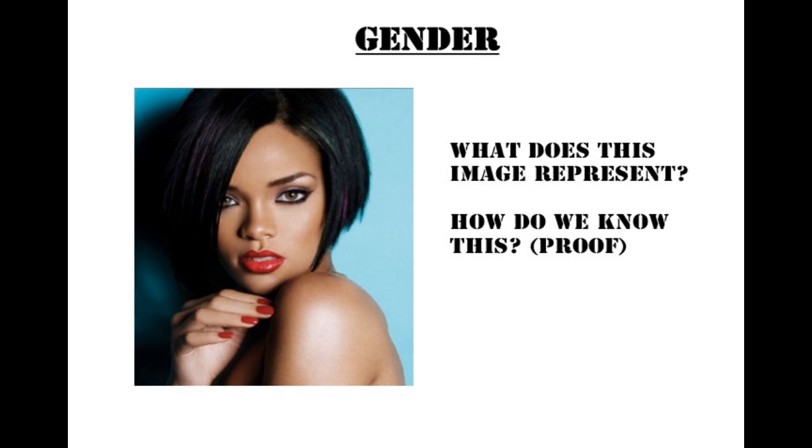The way she's looking at the camera is a very seductive pose. Her makeup is quite dark, apart from the red on her lips and her nails, which draws us to her lips being sensual. The look in her eyes is a very sensual look. So basically this image is showing the gender of women to be a sex object.